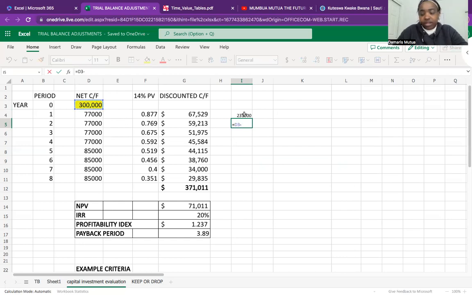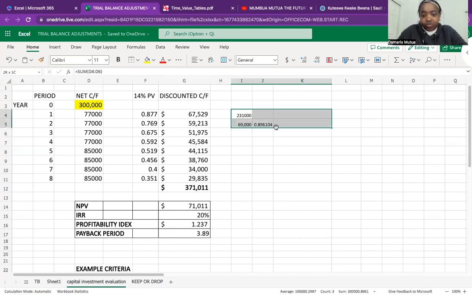So I want to check how much will be the balance. So we need to recover 69. You get 69, you divide by the total for year 4, 77. So it's going to take 3 years, 0.89 years to recover our initial investment.